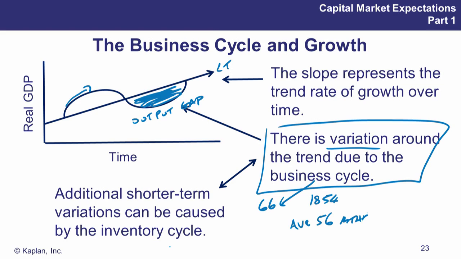But the variation here is quite wide. The longest overall cycle, 128 months. And the shortest, as little as 17 months. So we know it's very, very tough to predict.